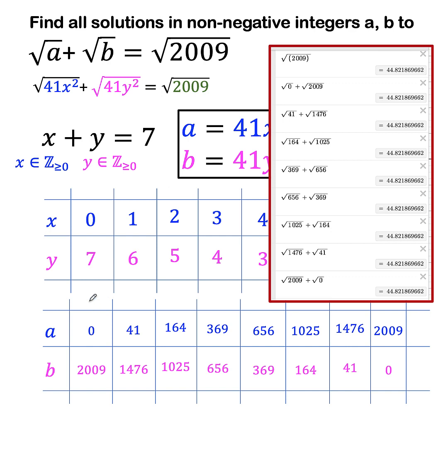So the first ordered pair is correct. For the second ordered pair, 41 and 1476, again, the square root of 41 plus the square root of 1476 is equal to the square root of 2009. So the second ordered pair is correct. In fact, all these 8 ordered pairs are verified to be the correct solution to the given equation. And so we verified that our answer is correct.